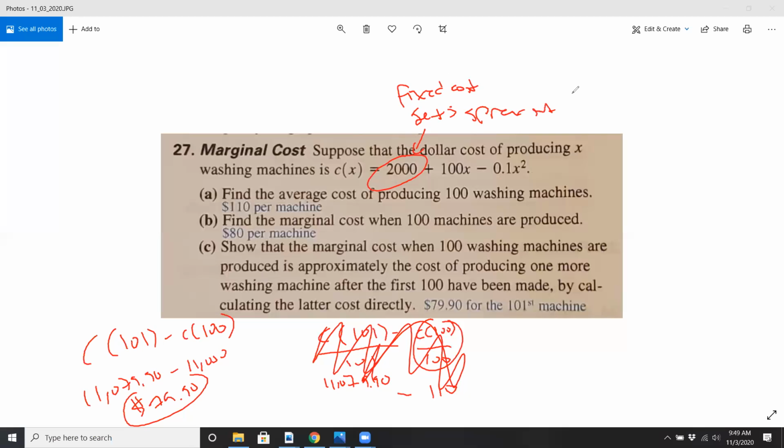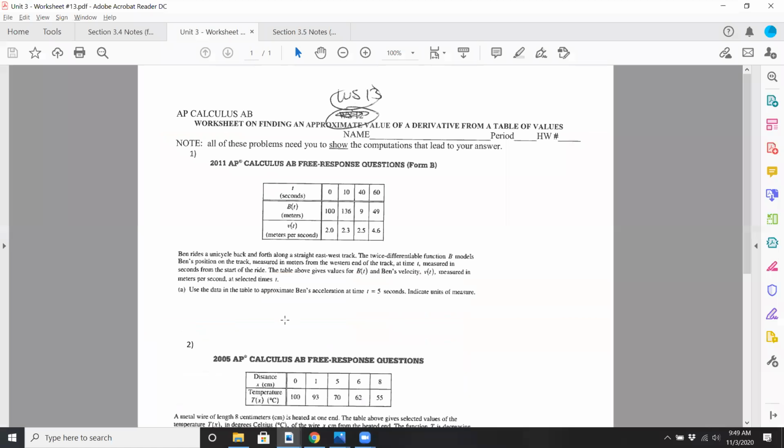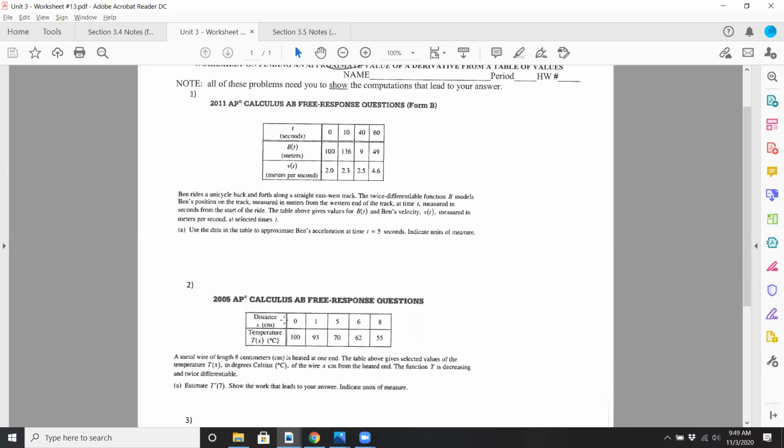So that's that one. And then lastly, for the other ones, for the worksheets, let me pull that up really quickly. You're trying to find Ben's acceleration at t equals 5.